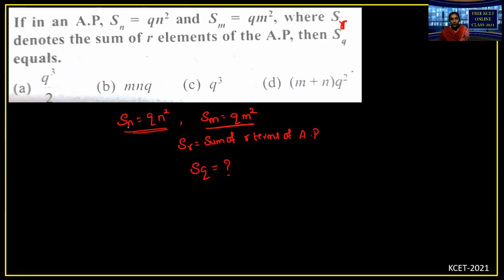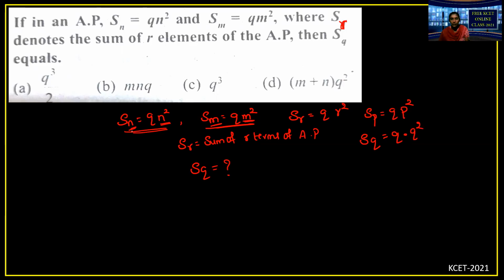I need Sq. Here, if n is the variable then n square is there, if m is the variable then m square is there, and Q is common in all. For Sr, what do we write? Q into R square, with variable R. If we write P, we write Q into P square. Sum of P terms of the given arithmetic progression is Q into P square. What have they asked? They asked for the sum of Q terms. Sum of Q terms is Q into Q square. Q is common for all.